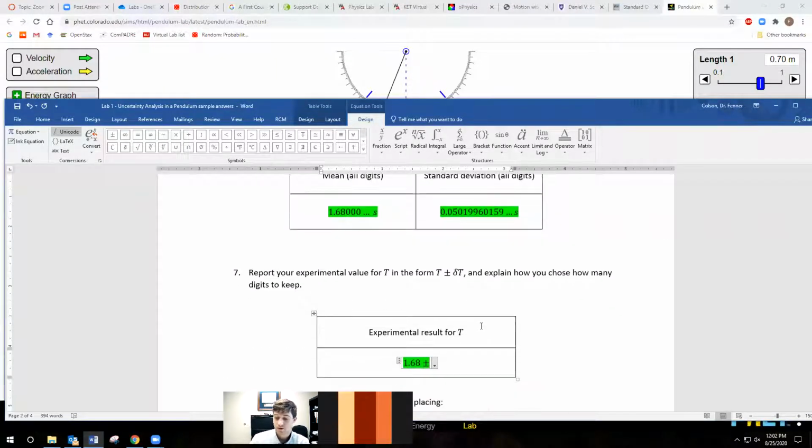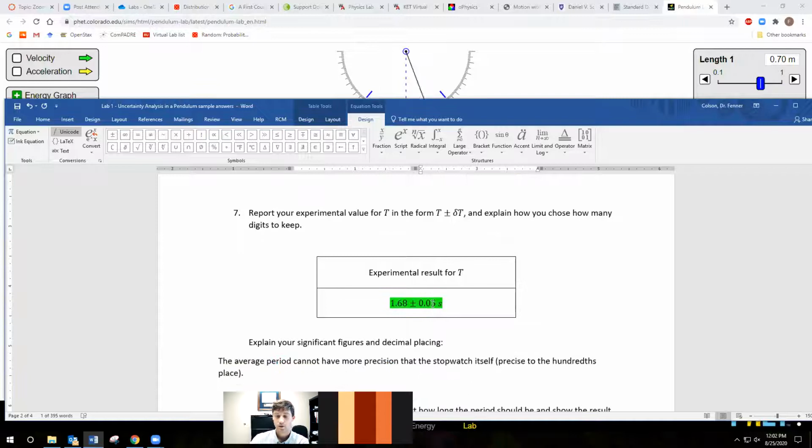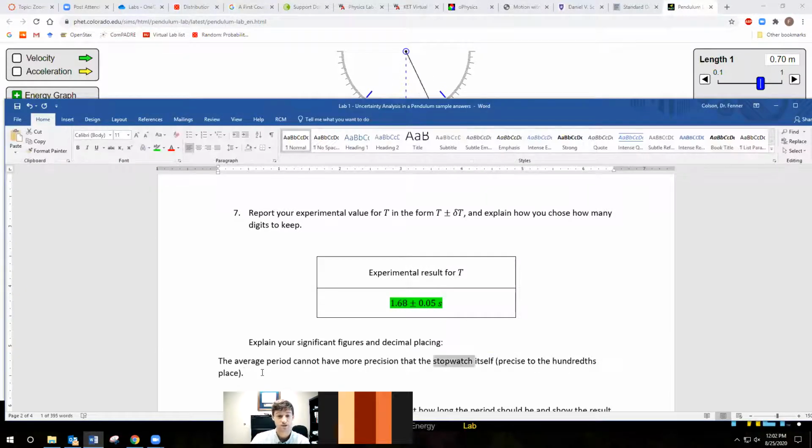we would have 0.05, rounded to 0.05 again, because even though we have a whole bunch more extra digits with the standard deviation, we want the decimal places to match. When we're adding or subtracting numbers, the decimal place has to match. And so the decimal place of our uncertainty has to match the decimal place of the value itself, which we determined was precise to the hundredths because of the stopwatch precision.